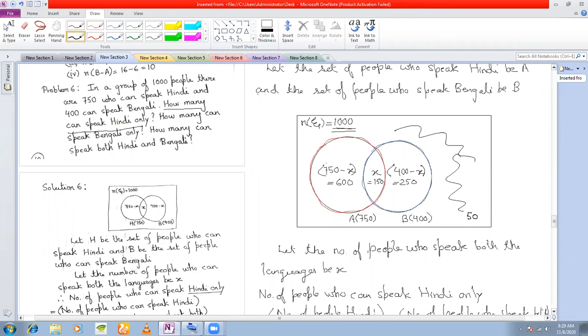Yes. So that is why, if 50 people speak none of the languages, we would have written 50 here outside. So now our equation would have changed.